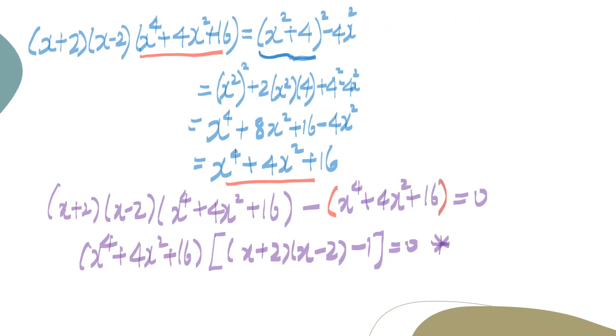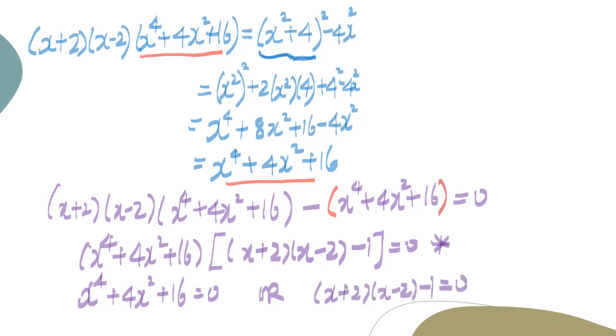Have x to the power of 4 plus 4x squared plus 16 equals to 0, or x plus 2, x minus 2 minus 1 equals to 0. Right, this one is easier to manage, so we're just going to solve it.